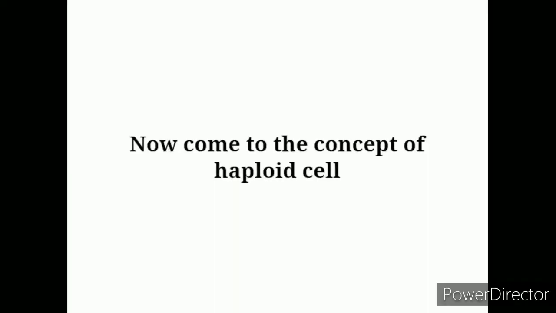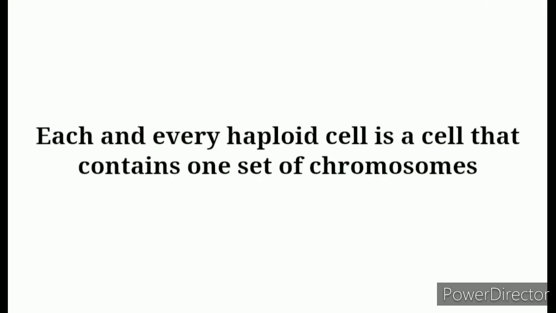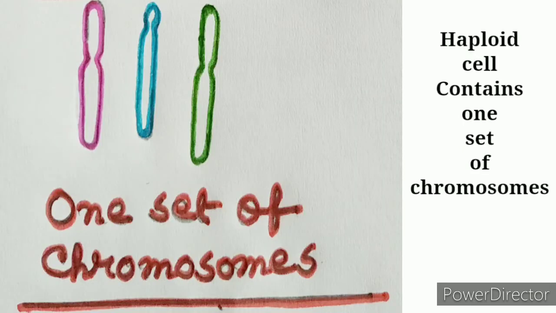Now, come to the concept of the haploid cell. A haploid cell is a cell that contains one set of chromosomes, or a single set of chromosomes. As for example, the sperm and the egg are haploid cells, because the sperm contains one set of 23 chromosomes, or a single set of 23 chromosomes, and the egg also contains a single set of 23 chromosomes.